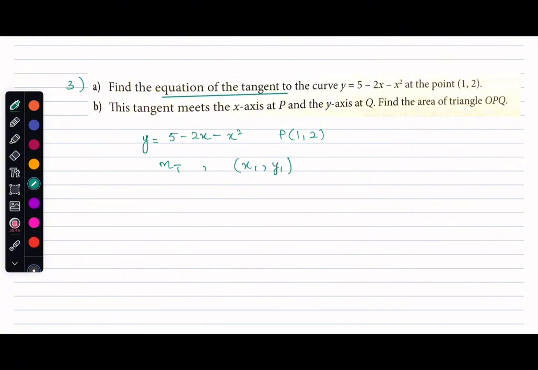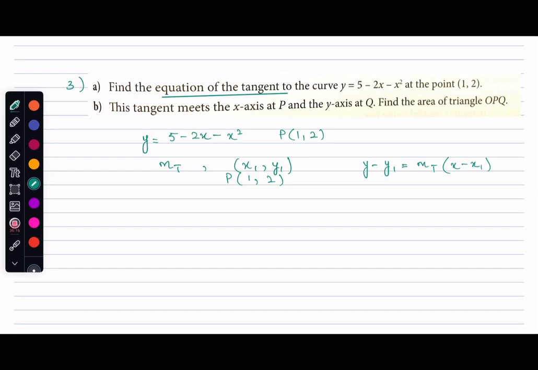In this case, the point P, x1 and y1, is 1 and 2. So it's just the gradient which is required to form the equation of the tangent, y minus y1 equals the gradient of the tangent times x minus x1.